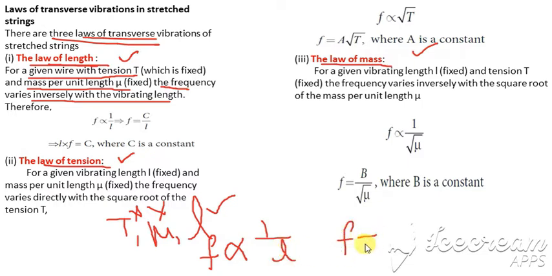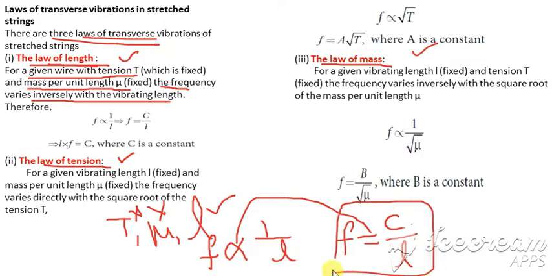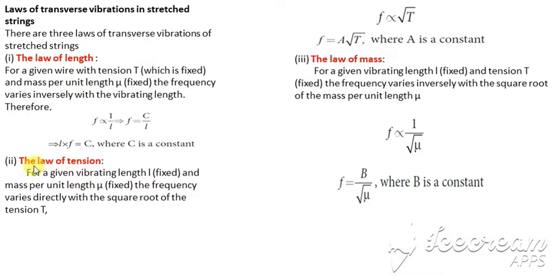To remove this proportionality we introduce a constant, C divided by L. So F is equal to C divided by L, where C is a constant. From this, C can be written as F into L. C is a constant. Yes, this is the law of length. So according to the law of length, when tension and mass per unit length are constant, frequency is inversely proportional to the length.